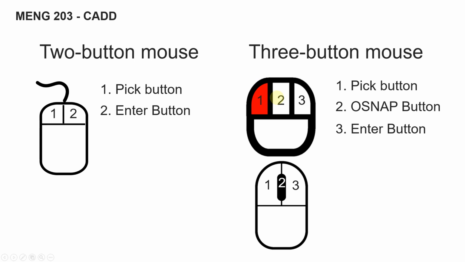Along this discussion, we are going to discuss what the snap button is and how it functions. In the older version of the three-button mouse, button number 2 is the same as the pick button. It is also clickable, but in the newer version that is used nowadays, button number 2 is composed of a scroll button.